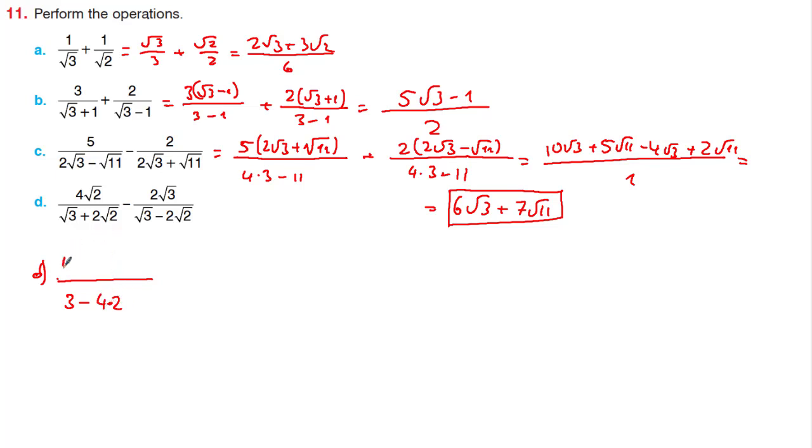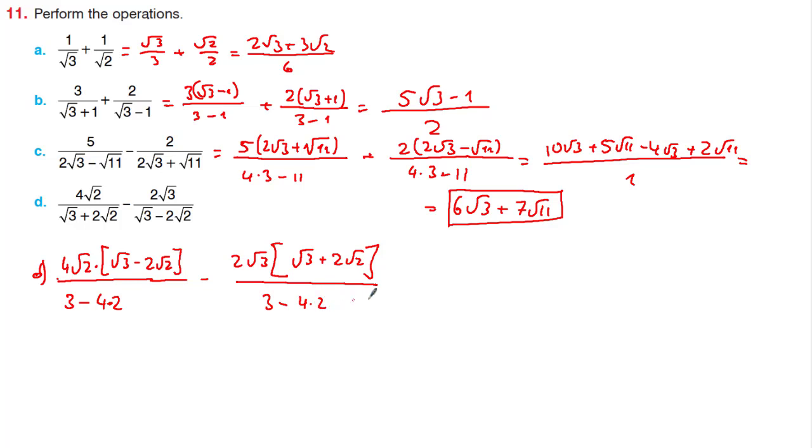On the numerator we'll get 4 root of 2 times square root of 3 minus 2 root of 2 here, minus 2 root of 3 and square root of 3 plus 2 root of 2, something like this. So 3 minus 4 times 2 on the second fraction as well. You can try these ones on your notebooks and most probably you'll get the same answers. If there is a calculation mistake, let me know.